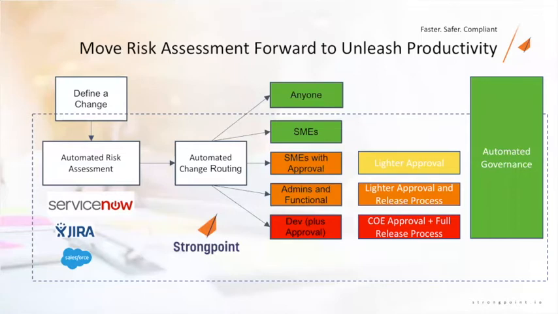Because if we do that, we can gate things really easily and we can gate them into different buckets. So we can say, this change, anybody can do it. Think your own report that you made yesterday, right? This change, the subject matter experts can change it. In other words, the people who own those reports can change their own reports.